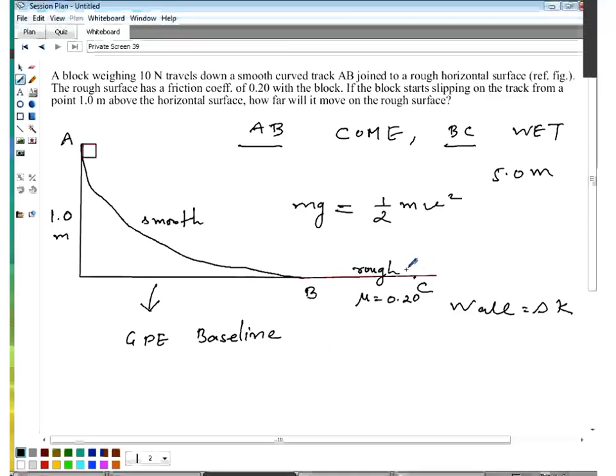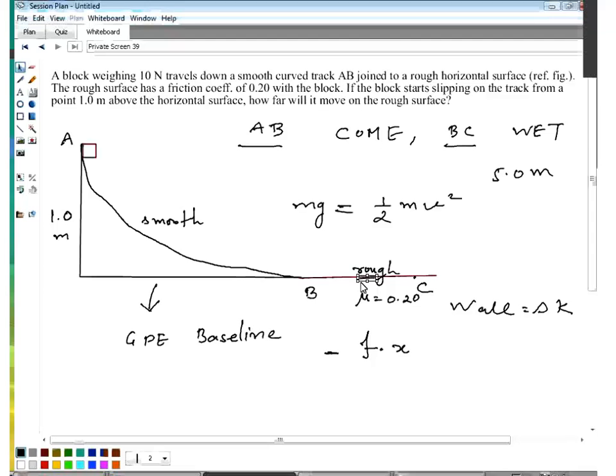Downward force, horizontal displacement. Gravity cannot do any work. Normal reaction cannot do any work. Vertical force, horizontal displacement. Only friction can do work. F into X minus. Friction is on the left side, X is on the right side.